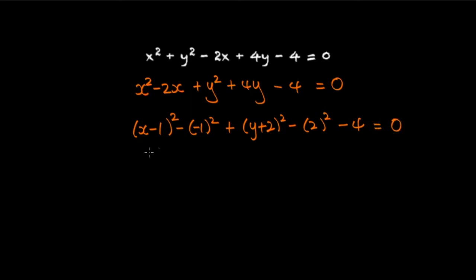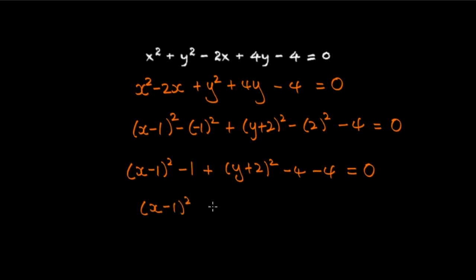So neatening this up, we get (x minus 1) squared minus 1 add (y plus 2) squared minus 4 is equal to 0. And so transferring the constants to the right hand side, we get (x minus 1) squared plus (y plus 2) squared is equal to 9.